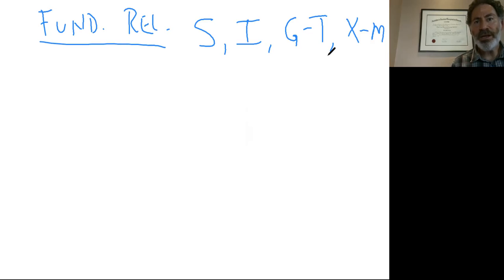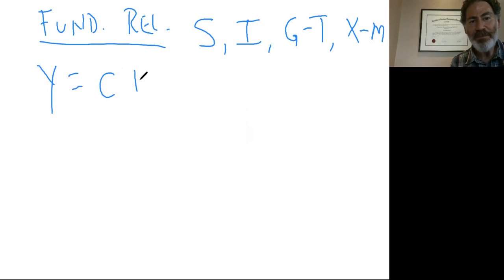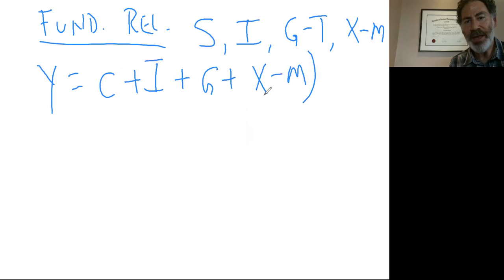I think you must focus on that expenditure approach, where output or income, it means the same thing, is equal to C plus I plus G plus exports minus imports. I'll put that in a bracket. So this is telling me that the expenditures are equal to the income.